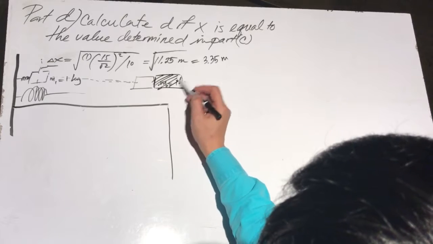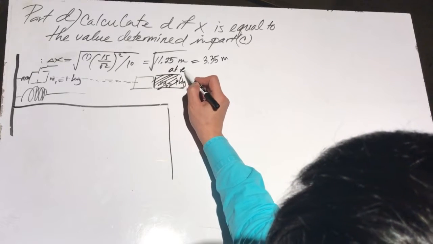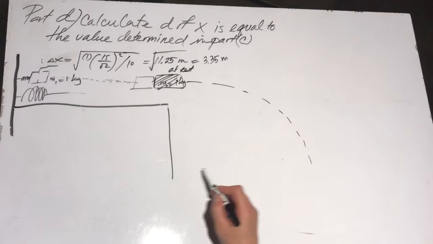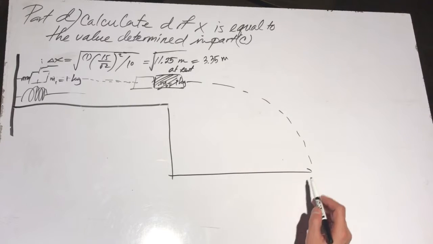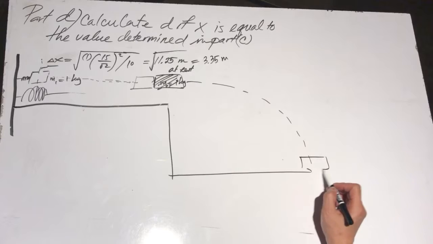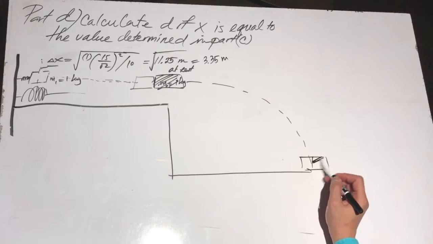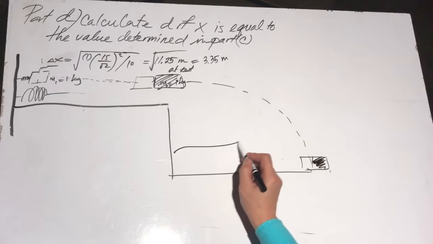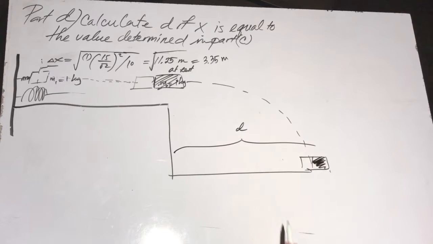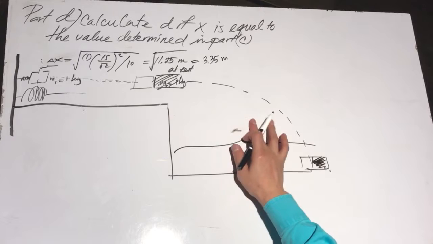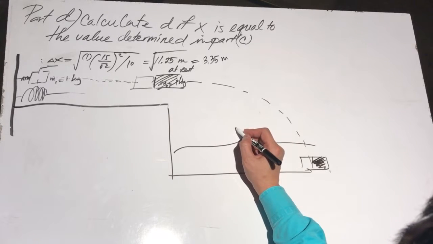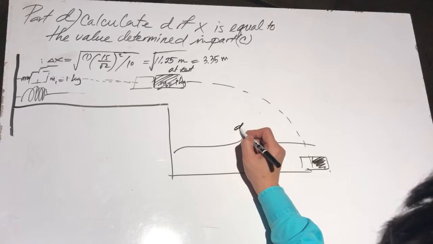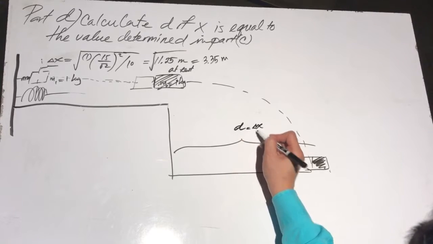I'm just going to say this is initially at rest, and after the collision, it will travel this way, and it lands here. So we want to figure out the distance in the x direction. I'm just going to determine d, which is delta x. Okay.